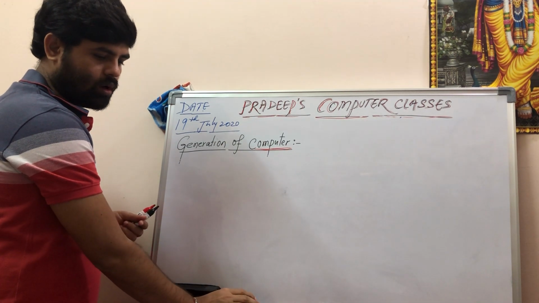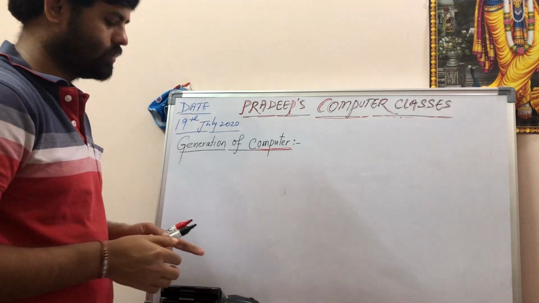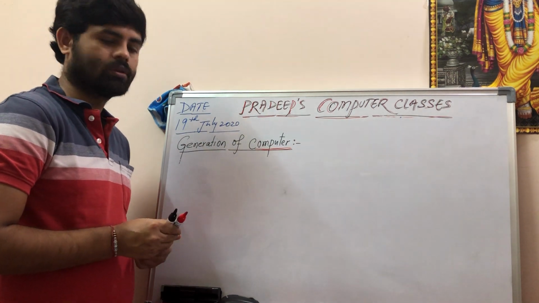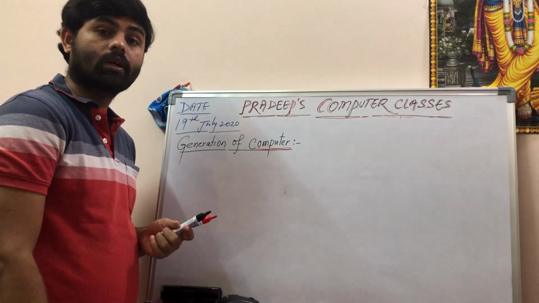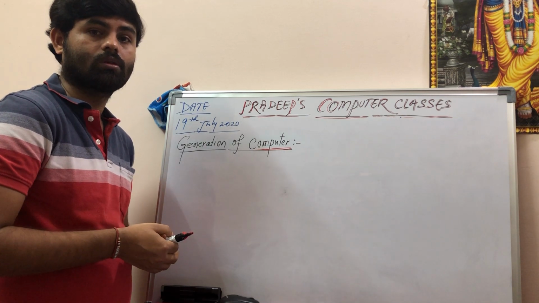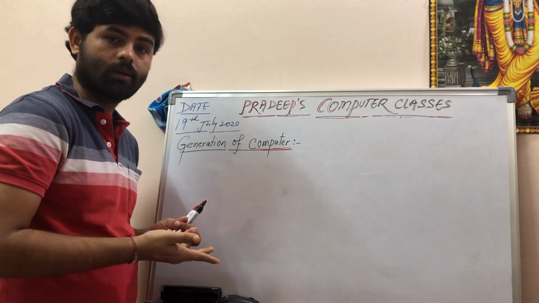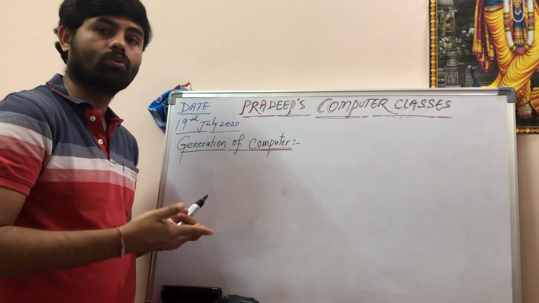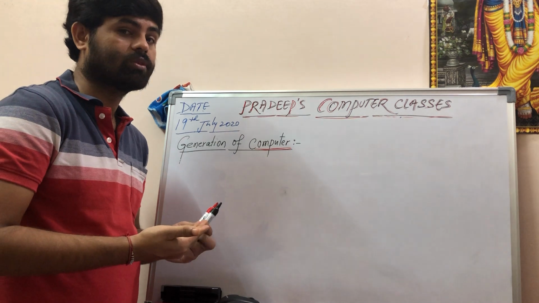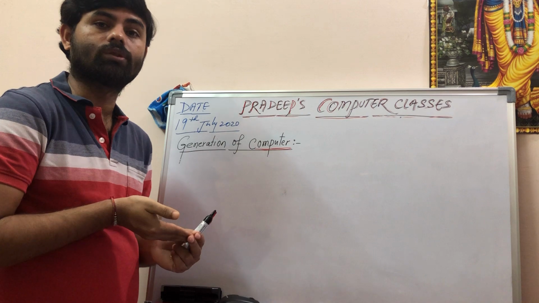Okay, so now you can ask the question. Fine, this is the definition of generation of computer, and we have understood why we are studying about generation. So how many generations are there, and what is present in each generation? What is in the first generation, what difference came in the second, what difference came in the third from the first and second, in the fourth from the first, second and third, and in the fifth from the last four generations?